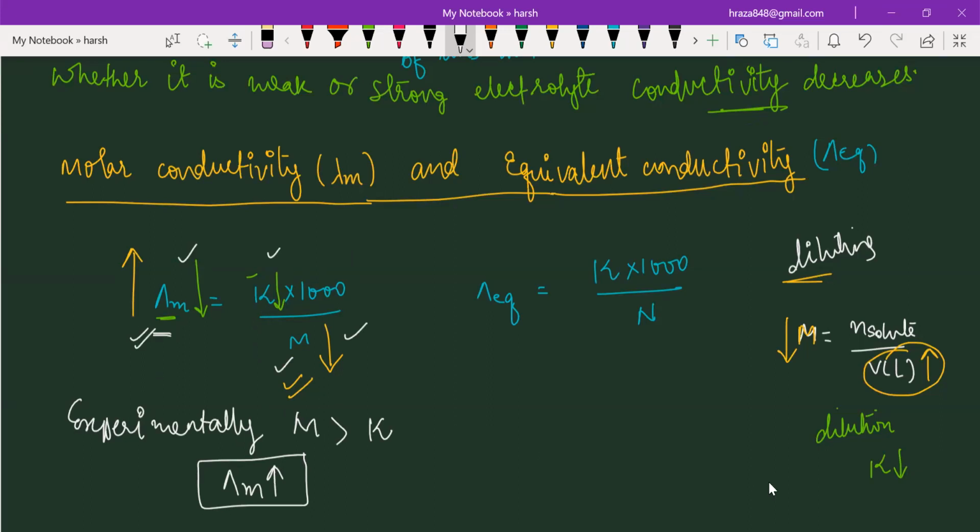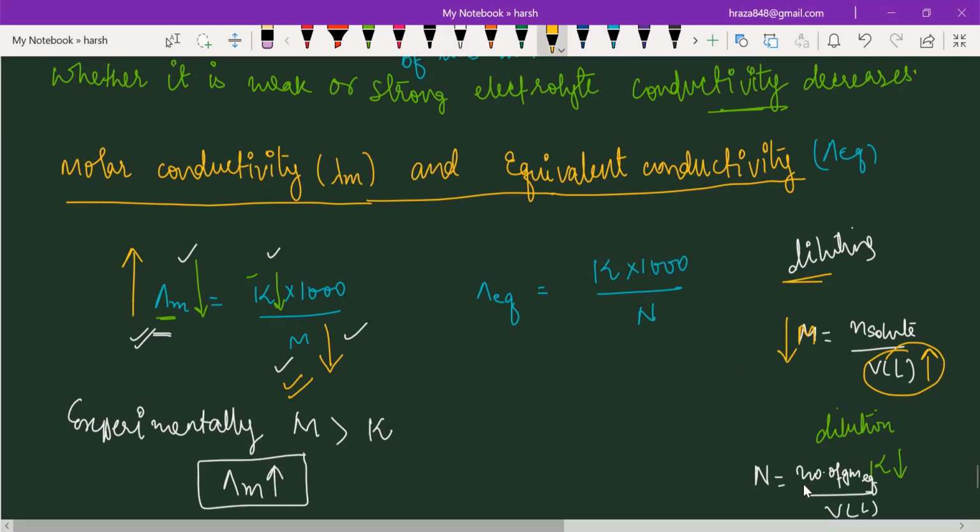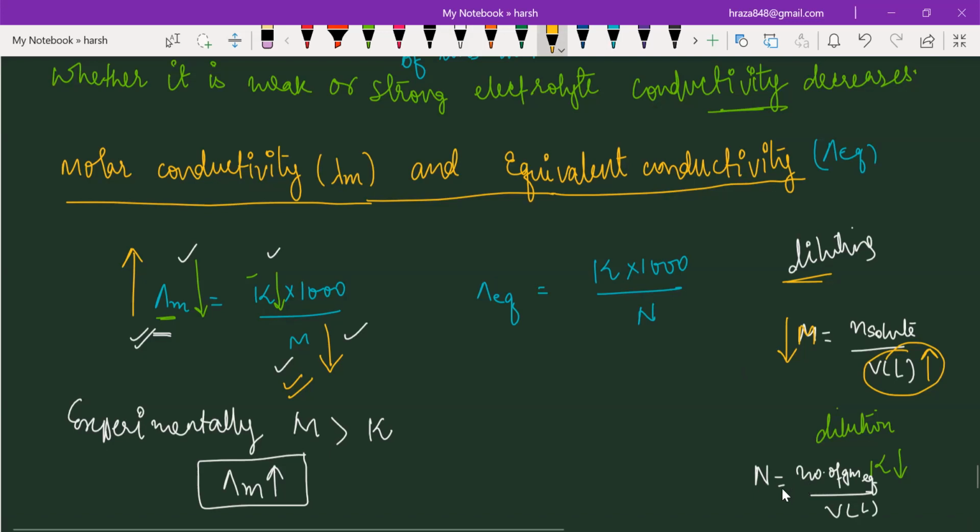In the same way, you know that normality is the number of gram equivalents upon volume of solution in liters. We covered this formula in the solution chapter.